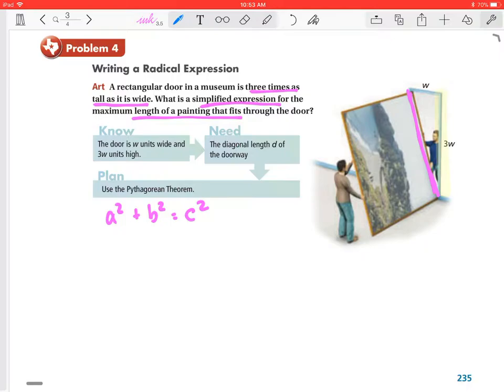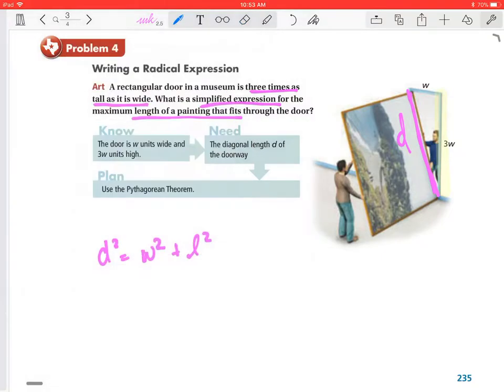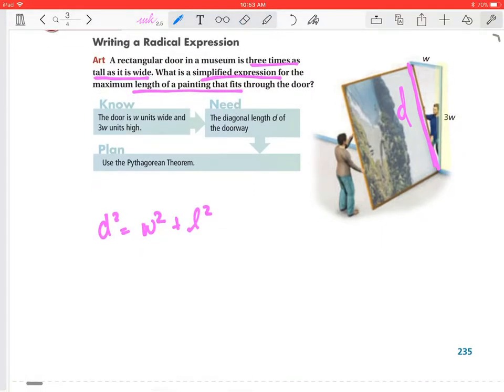So our hypotenuse is going to be d. So d squared is going to be equal to w squared plus our length squared. Let me go a little bit smaller on my pen. Let me rewrite this higher up.